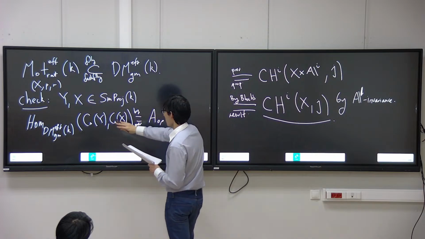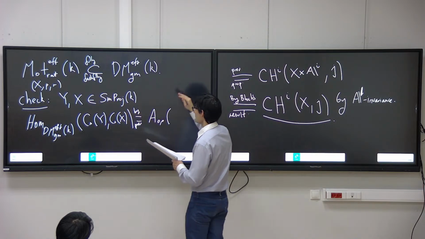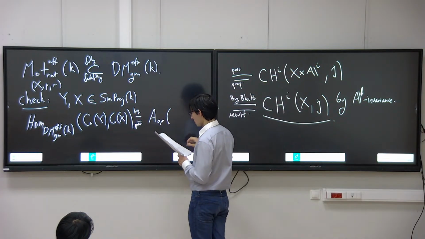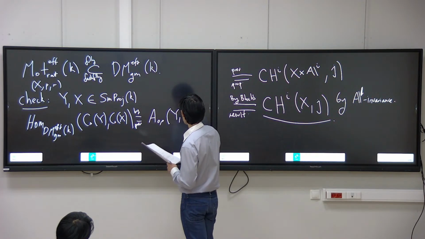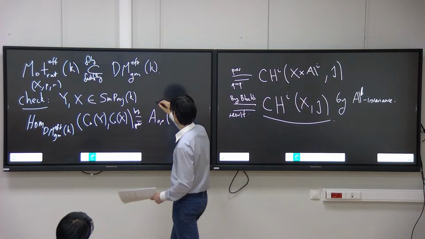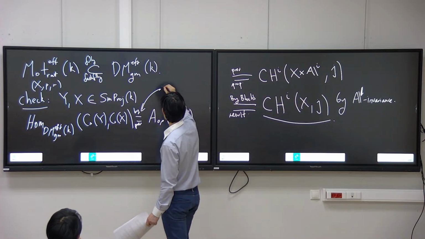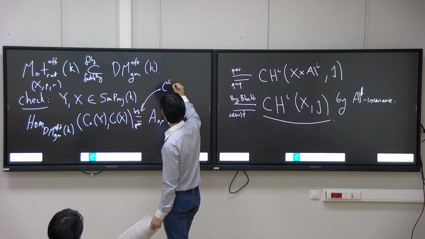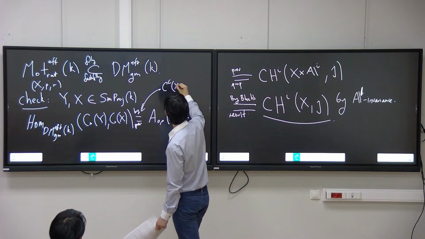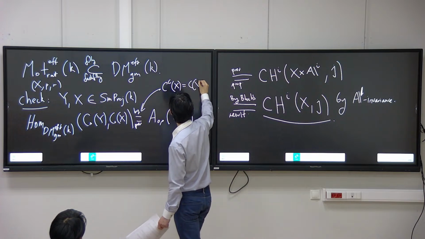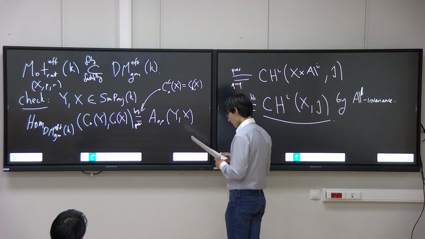But recall, here X and Y are proper. So this CC that appears in this bivariant cycle cohomology is honestly just C. So recall, here we are using that CC of X is equal to C of X, the motivic complex, because X is proper.